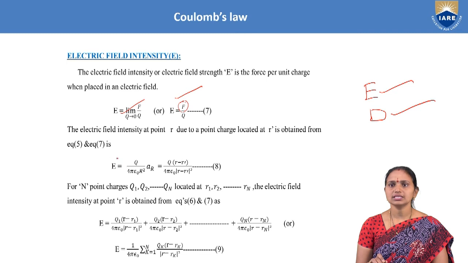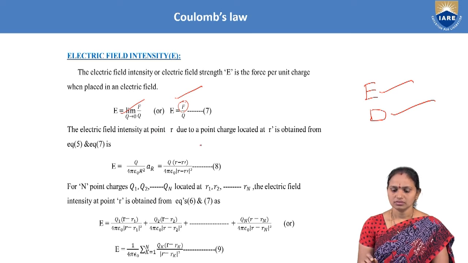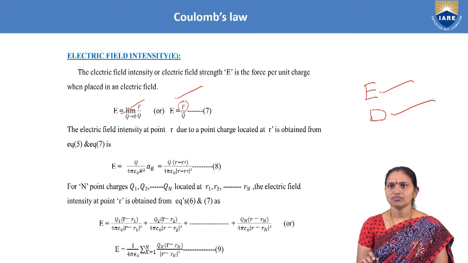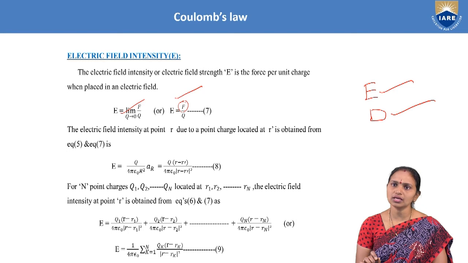If you want to take this E in vector form, we know the meaning of this F. From Coulomb's law, we can take F as Q1 Q2 by 4 pi epsilon naught R square into AR.